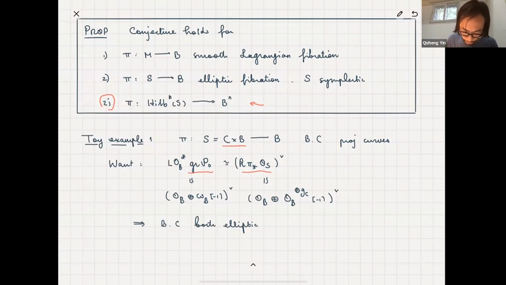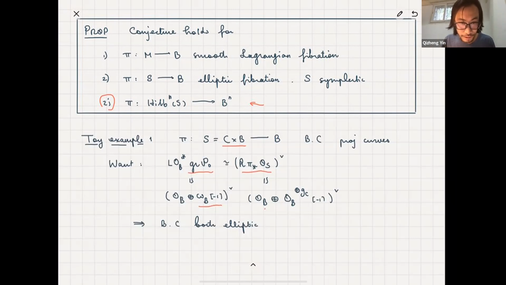This is O of B direct sum of omega B shifted by -1, taking the dual. On the other hand, you also get O of B, but now this is direct sum of O of B to the power of the genus of C shifted by -1, and then take the dual.